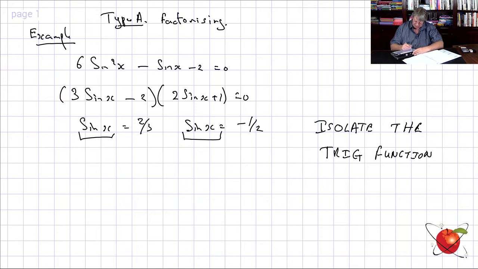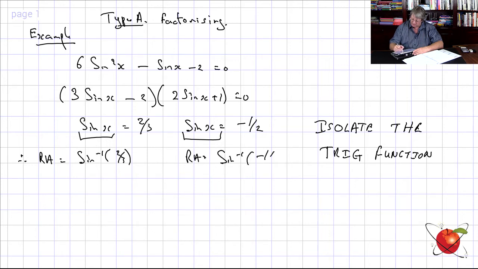We say, therefore, reference angle is going to be equal to arc sine of 2/3, and reference angle is going to be arc sine of minus a half. I get my reference angle here of minus 30 degrees, and over here, my reference angle of 41.81.